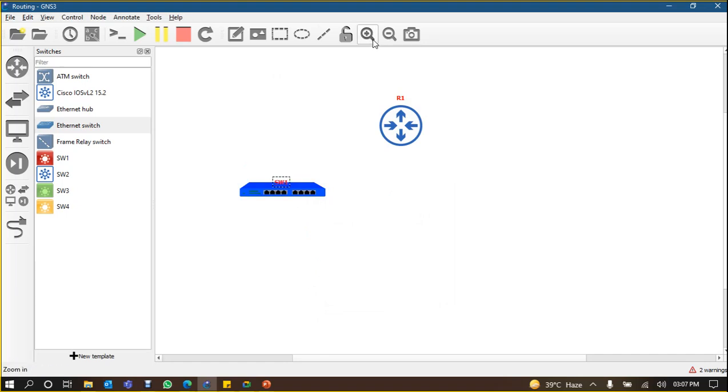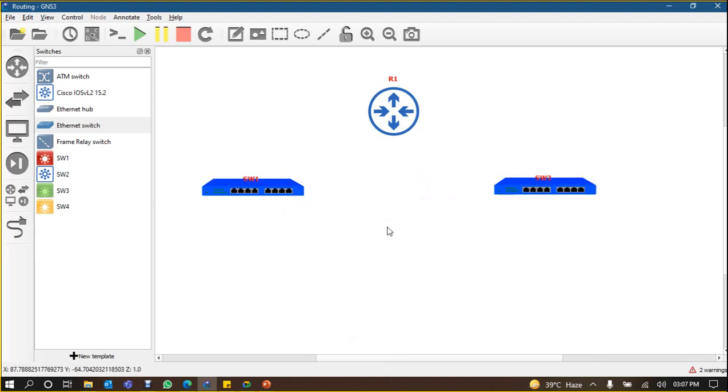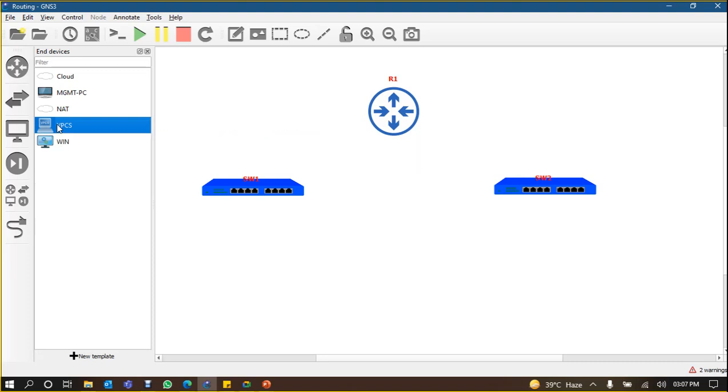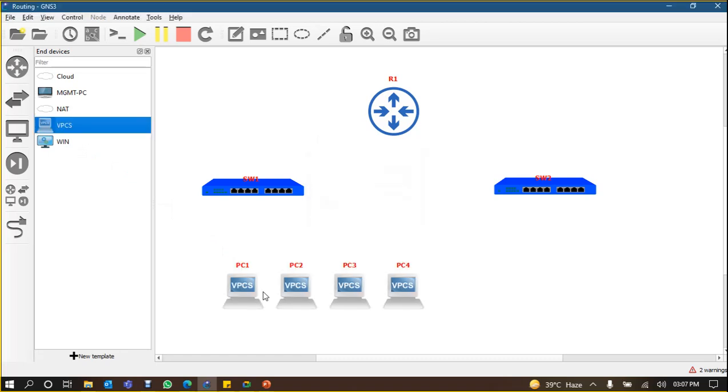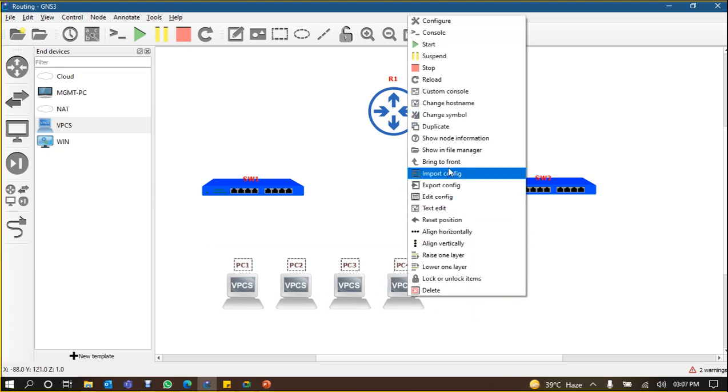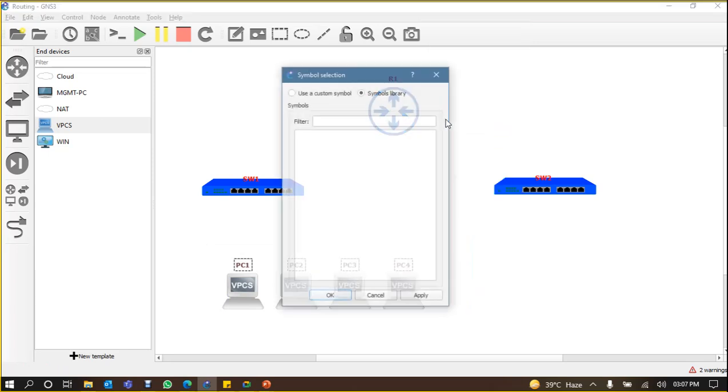Now we can take some computers. Two computers will connect to switch 1 and two computers will connect to switch 2.